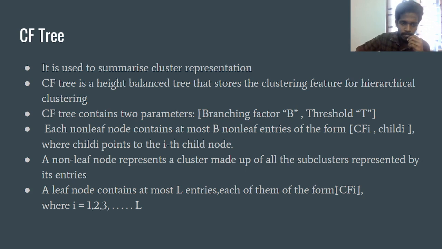A non-leaf node represents a cluster made up of all the subclusters represented by its entries. A leaf node contains at most L entries, each of the form CFi, where i is 1, 2, 3, etc. up to L.